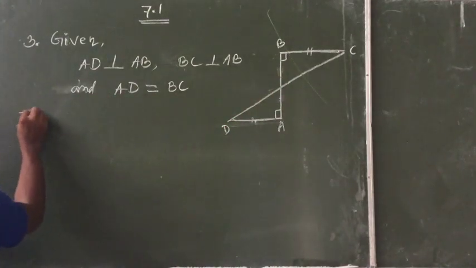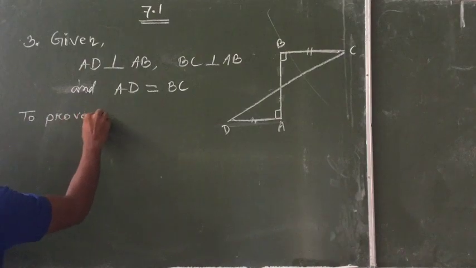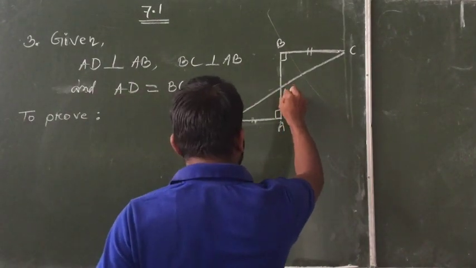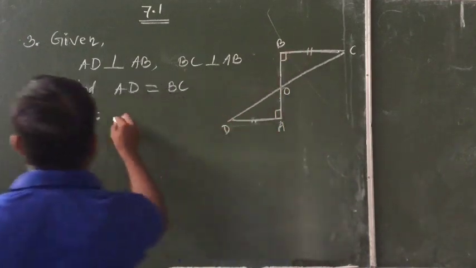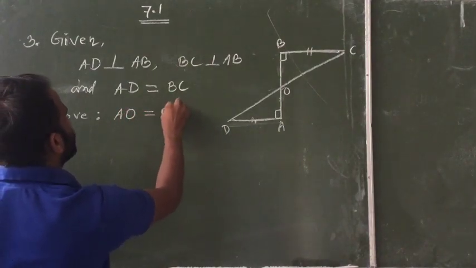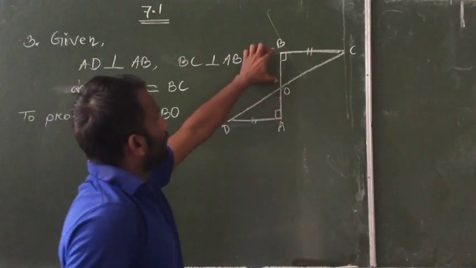That means to prove, suppose this point is O, with AO and BO. So we have to prove AO equals BO.